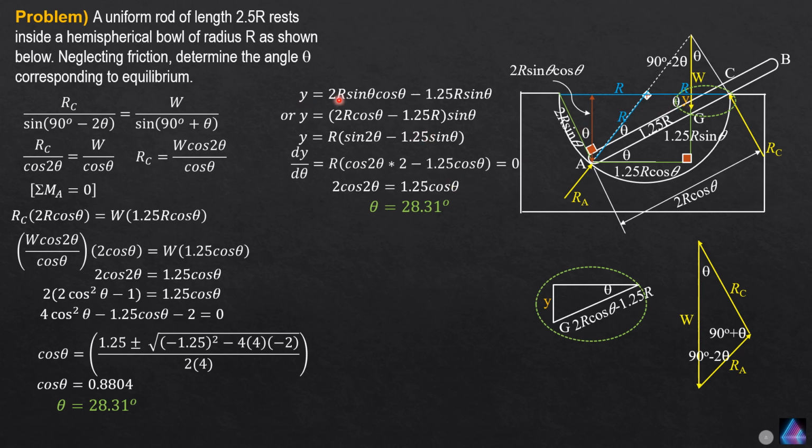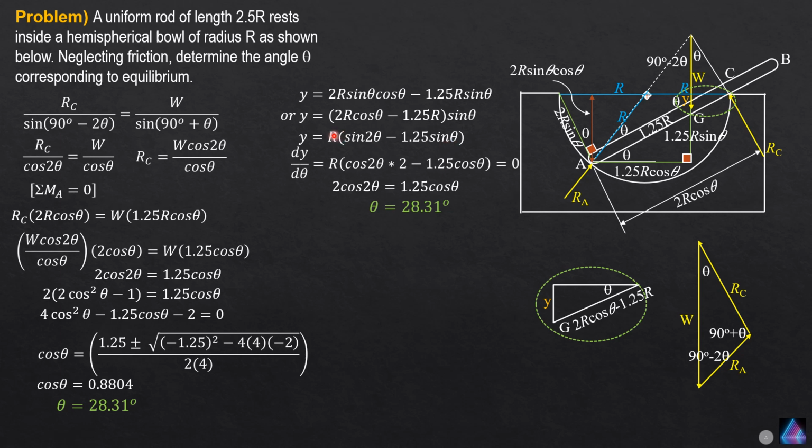So I go back to the first expression for y, and if we factor out r, we have r times 2 sine theta cosine theta, and by trigonometric identity, that's sine 2 theta, then minus 1.25 sine theta.